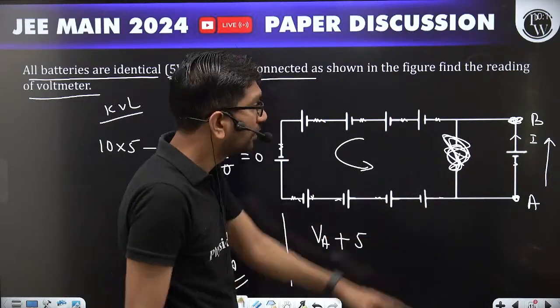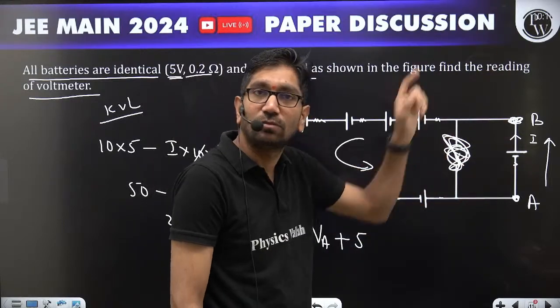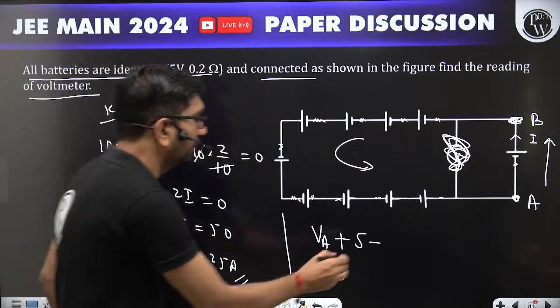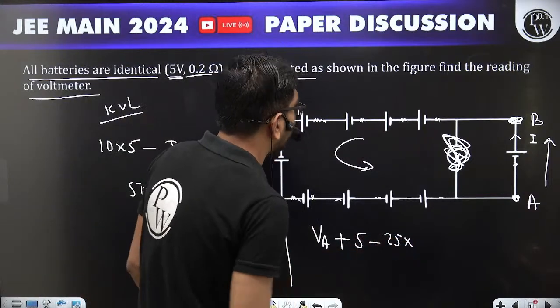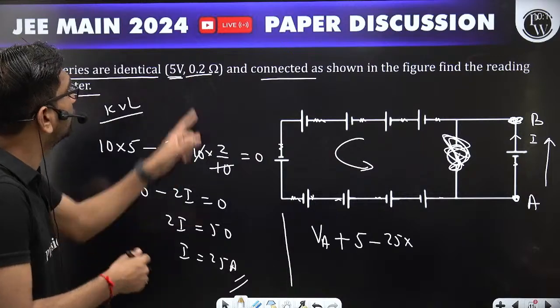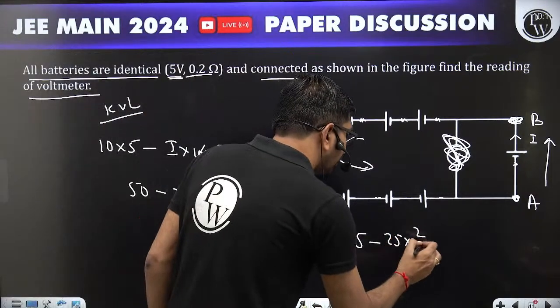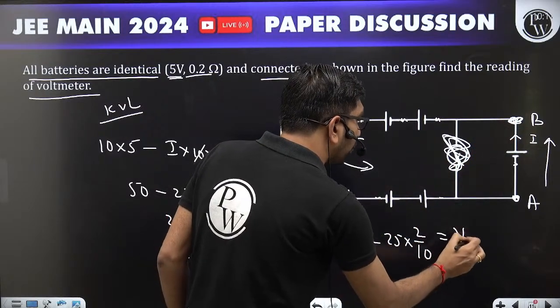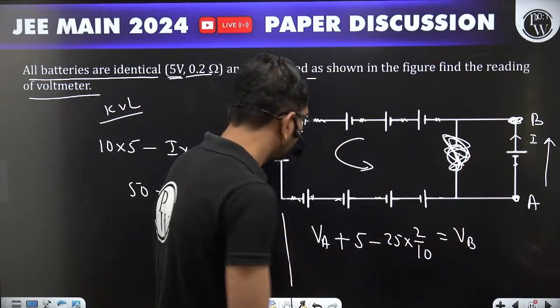We are moving in the same direction as the current. Minus IR, I is 25, and the internal resistance he has given is 0.2, so for this one we can write 2 by 10. Finally we have reached point B. We got the answer, beta.